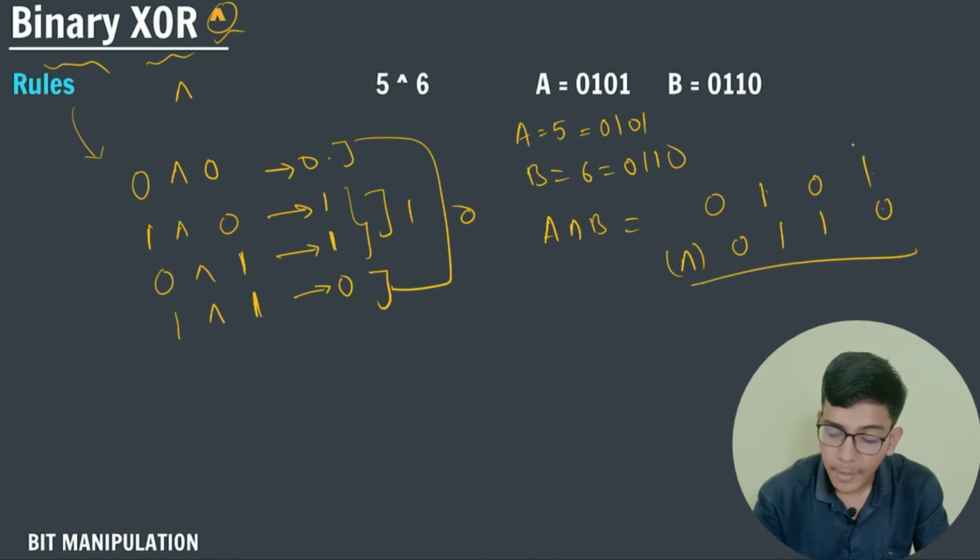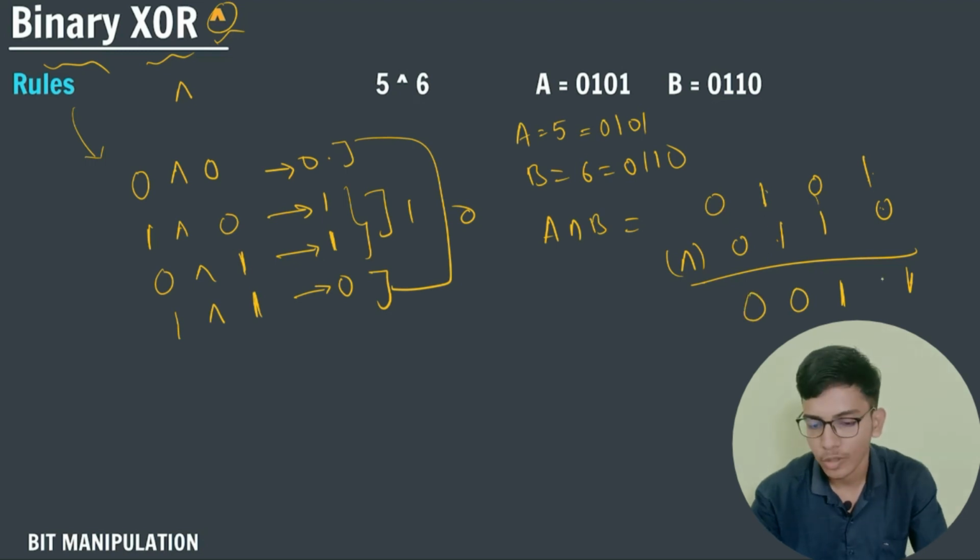The two bits are different, so I get 1. Here also different, so 1. Here same, so 0. Here same, so 0. So this gives me 1 and 2, and adding them gives me 3 in decimal.